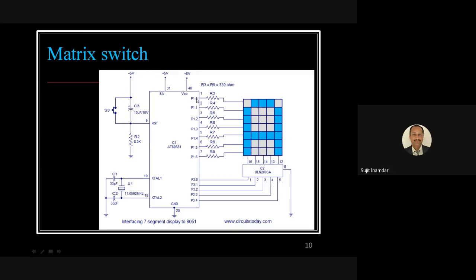So for the 7 rows, 7 pins from port 1 are used, and 5 pins from port 3 are used. And we have to combine them in such a way that only A gets displayed. Only those LED segments should be on, and all the rest should remain off.